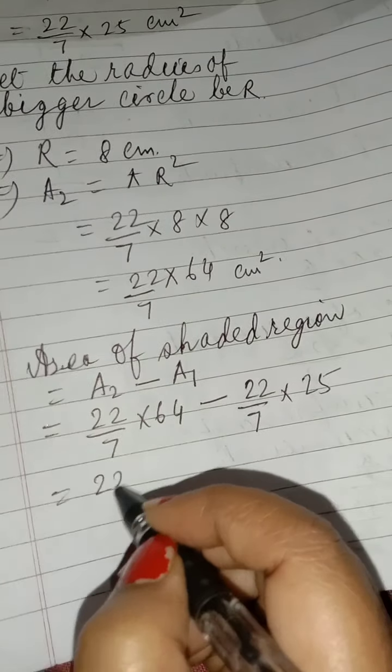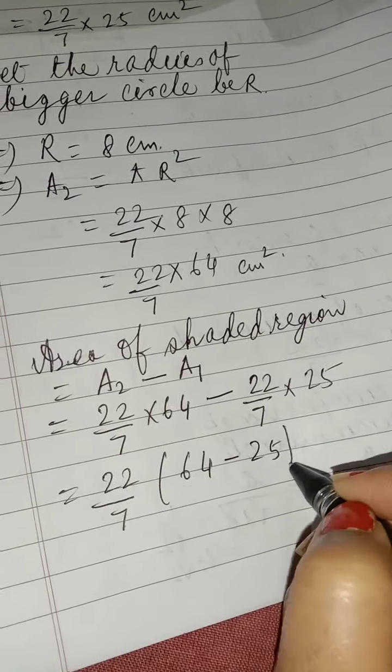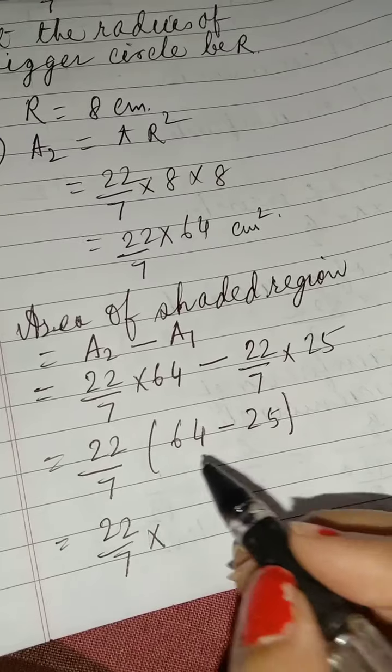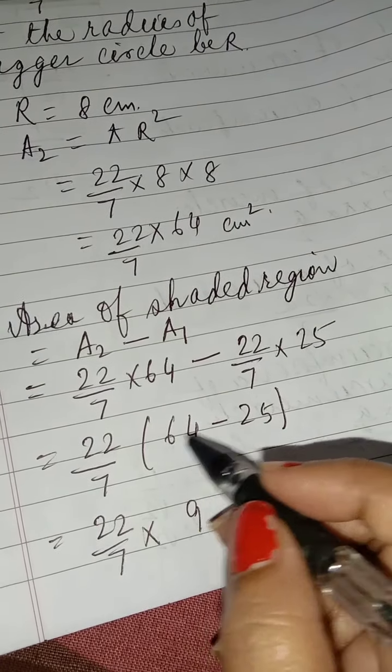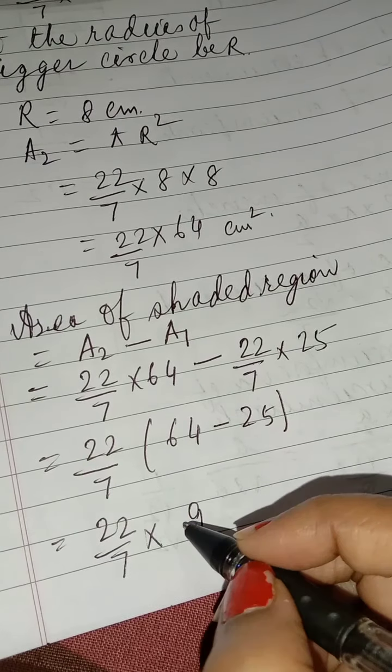Taking 22/7 common, it will be 64 minus 25, so 22/7 into 39.